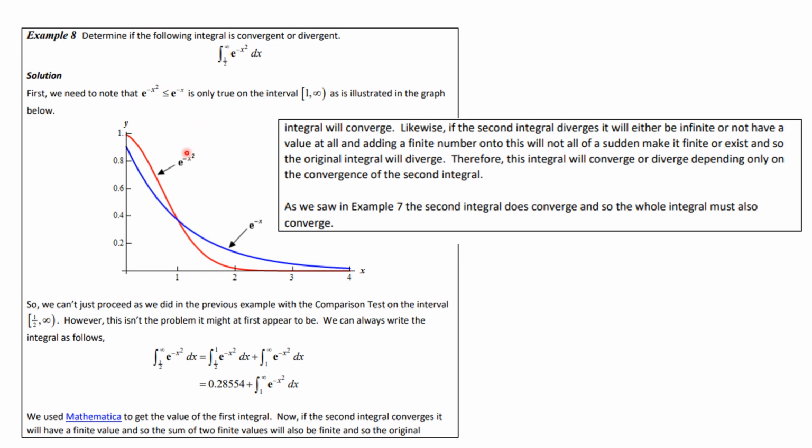Now, we used heavily in the last example that x was bigger than 1, and we saw that e to the minus x squared was the red function and it's less than the blue function. So we could determine that this part of the integral converges. But we have something else going on. Whenever x is less than 1, e to the minus x squared, the red curve, is bigger than the blue curve.